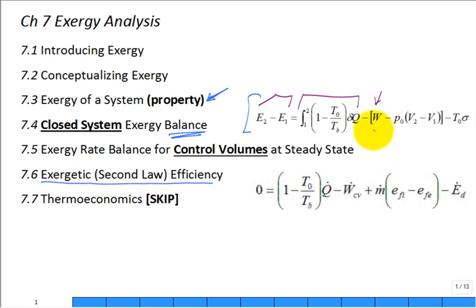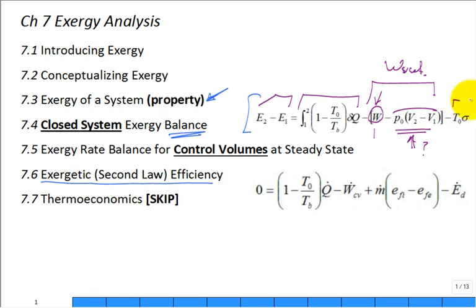But what we have right here is this funny term which is subtracting the non-useful, pushing back the boundary term, because exergy is a useful work, not just work pushing back the boundary. So this term's a little annoying at times, but basically we want to take the total work, subtract off the non-useful, and what's left is the useful part of the work that the system does.